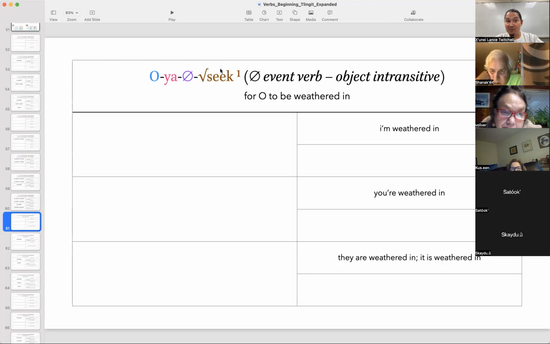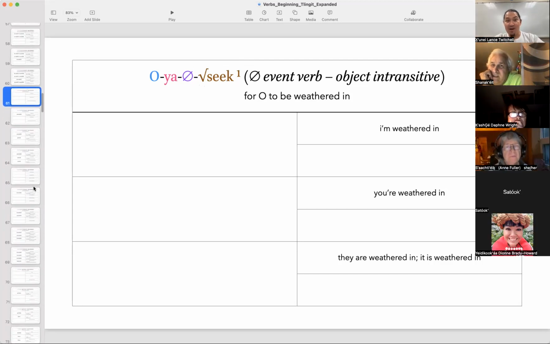It's a perfective, it's closed, and it's 0. Yes, so this will be ya. We've got three options: seek, seek, sick. Yes, it'll be sick. 0, perfective, closed, it'll be a short high. So, I am weathered in.